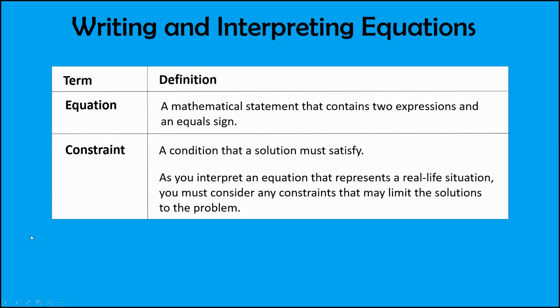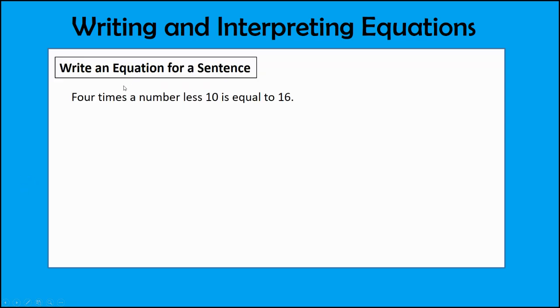One would be, for instance, if you're finding the average number of people in a room, you can't have a decimal or a fraction of a person. So you'd have to go to the nearest whole person rather than giving a decimal answer. So it's things like that that you may come across. We won't see a lot of it yet, but we will as we move forward and start applying our equations to real life situations. Okay, this is the kind of stuff you're going to see tonight.